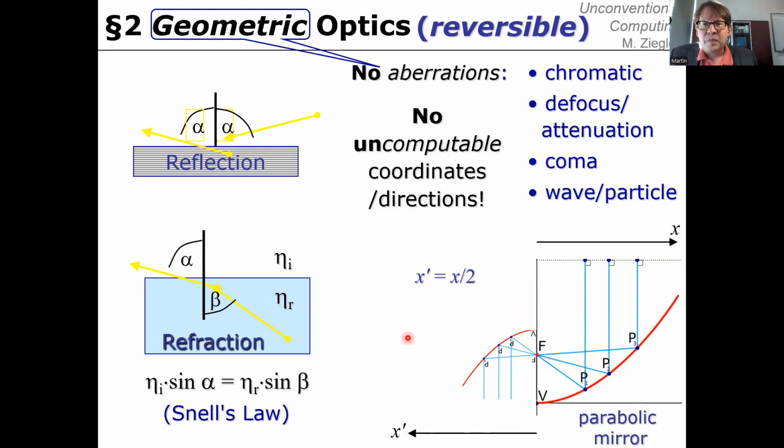And now remember that we have reversibility. So if we conversely have light rays coming in from here, then their distance to the symmetry axis gets multiplied by 2. Light rays coming from here, distance divided by 2. Light rays coming from here, distance multiplied by 2.